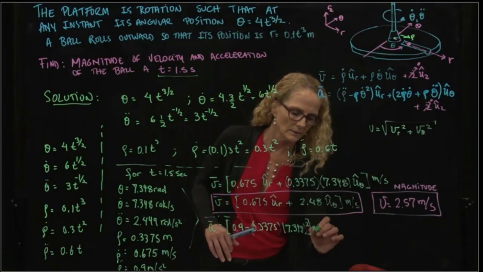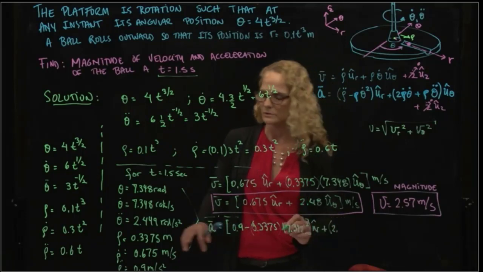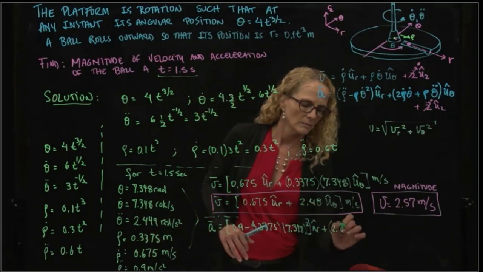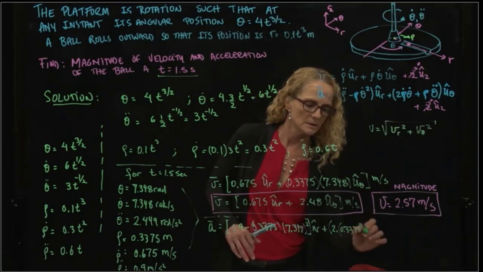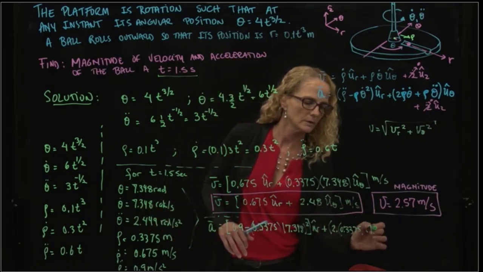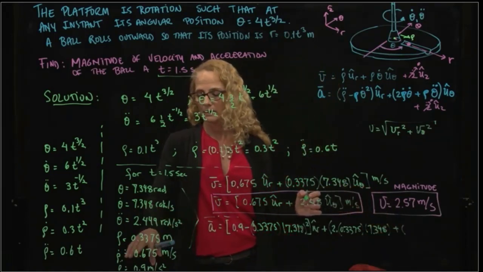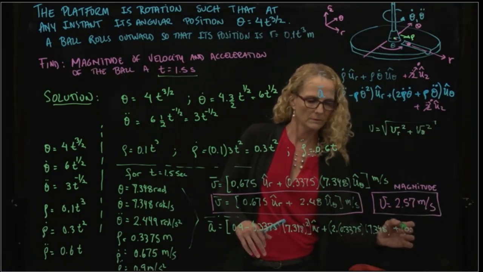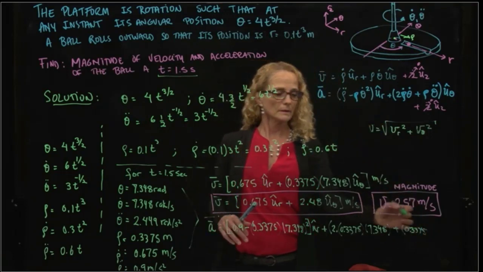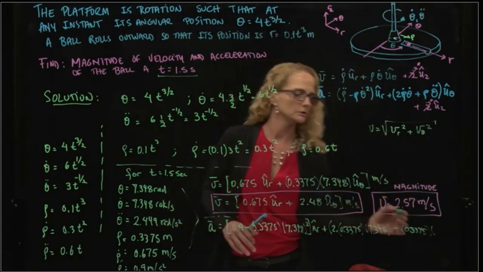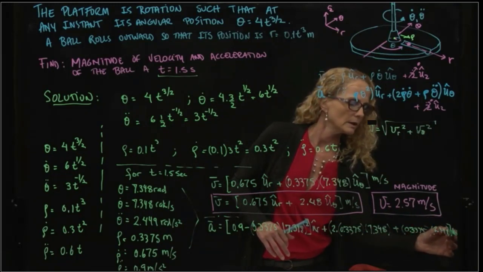That's in the r direction, plus 2 times rho dot, which is 0.675 times theta dot, which is 7.348, plus rho again, 0.3375 times theta two dots, which is 2 times 449. And that's all in the u theta direction.